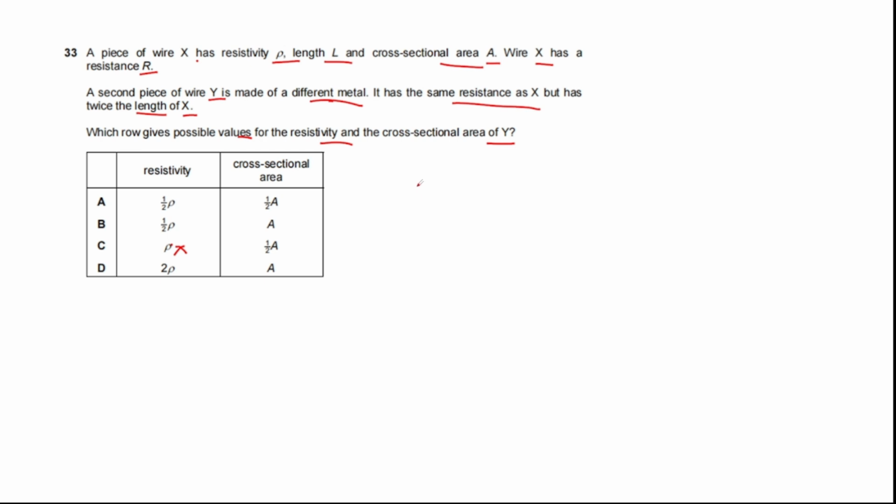So the resistance R is equal to rho L divided by A. This is the general formula, and it is given that the wire Y has the same resistance as that of X, which means that Rx is equal to Ry.